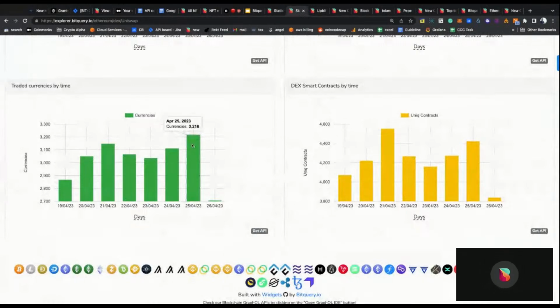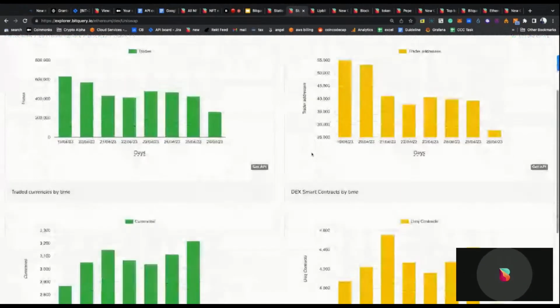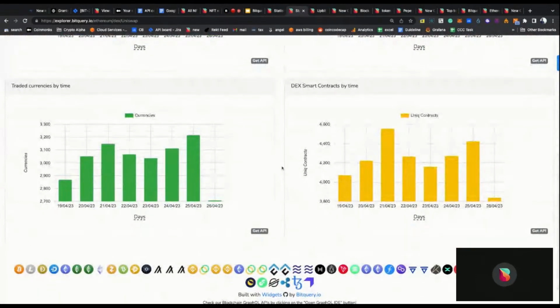There are around 3,000 currencies traded on Uniswap on a daily basis. You see how many smart contracts are actually interacting with Uniswap, not just for trading, but for various purposes. It might be interesting to actually track MEV bots through our data. You can actually do that.